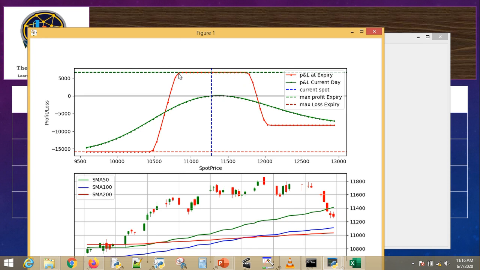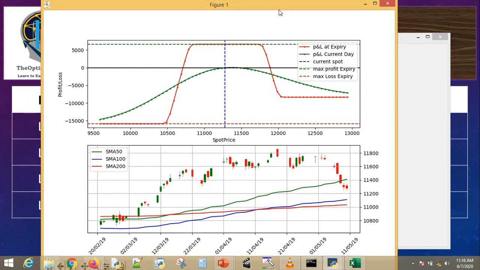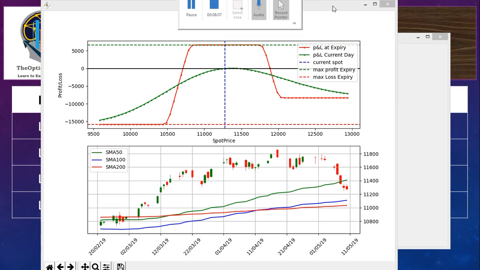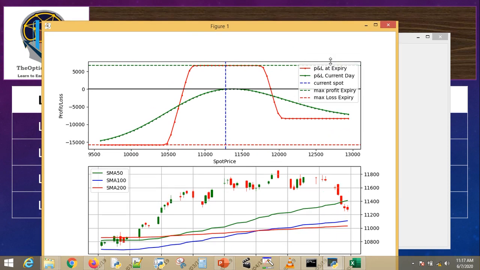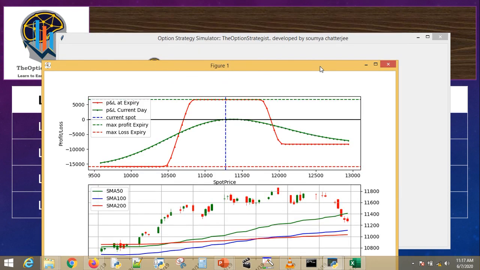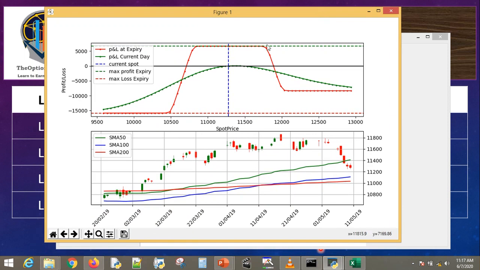In this particular iron condor, I stand to make roughly 6,700 rupees profit, as it shows if you hover the cursor over it. The maximum loss will be around 15,000, or on the higher strike call, the loss is capped at 8,000. The green line again shows the payoff on a particular day before expiry, right?